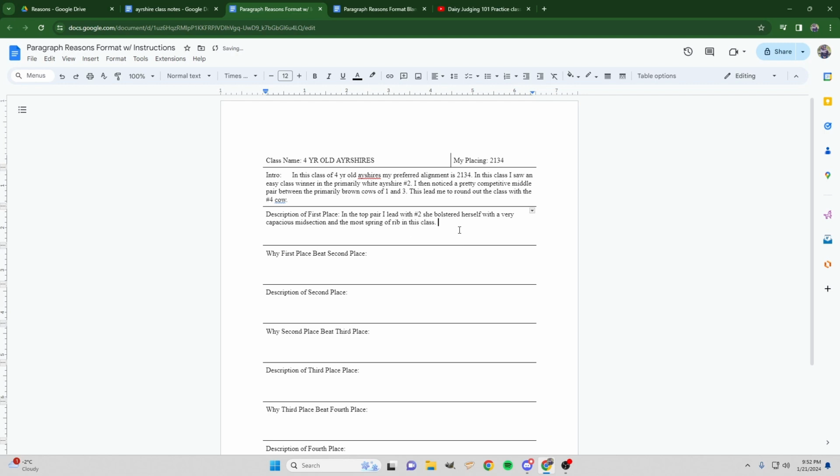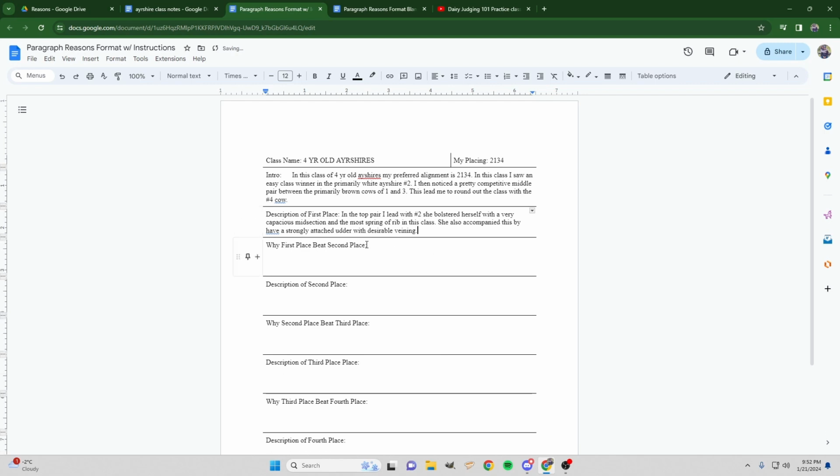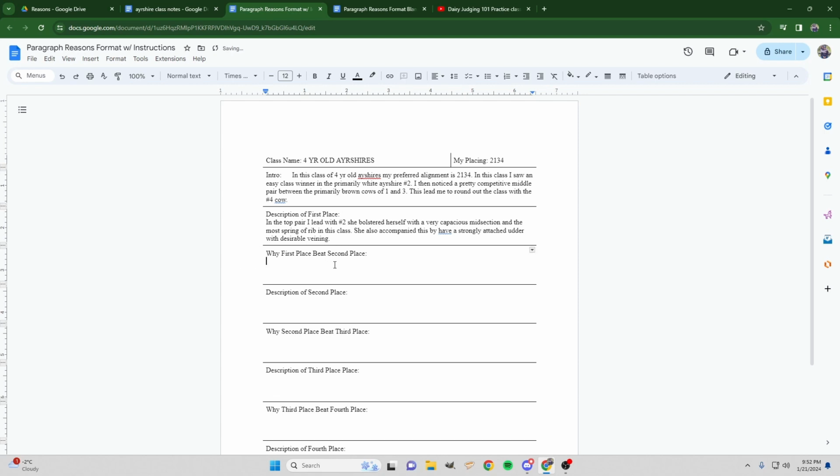She also accompanied this by having a strongly attached udder with desirable veining. Okay? That's a pretty good description of a cow right there. You can see why I placed her in first. Our description of first place. Now we need to tell that judge why we ended up using her as first place over the second place cow, which was number 1.